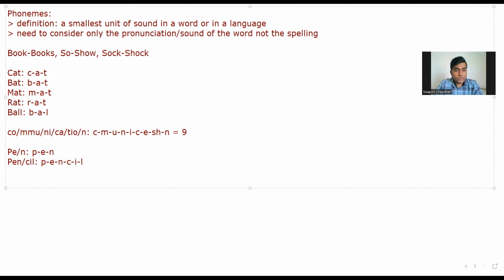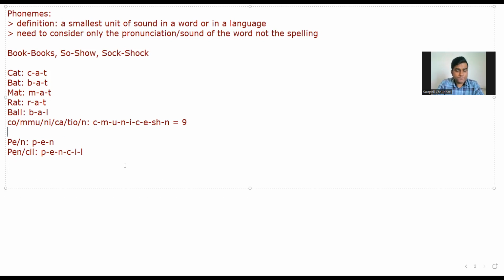Okay? So in the other word that we are going to see over here, "Sam". Yes, people. How many phonemes over here? Three, right? "Sa", "a", "ma", right?